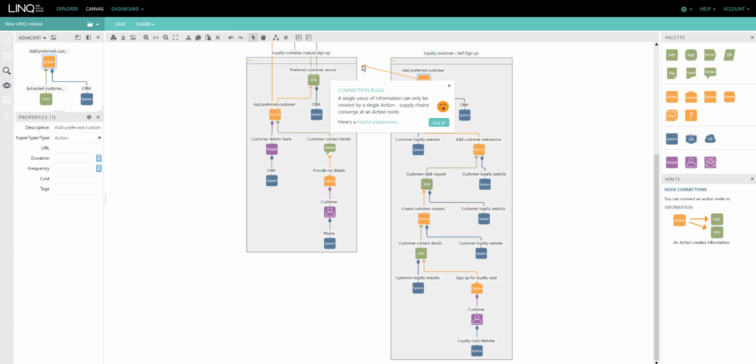And that is indeed true in most circumstances. If we have different systems performing different actions, they do not create the same piece of information. If we have different people performing different actions, they also do not create the same piece of information.